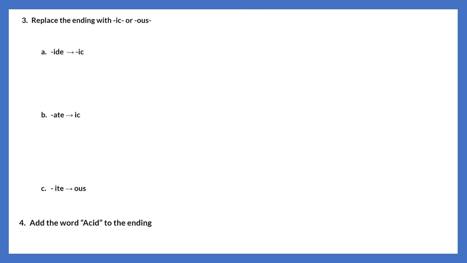So right now we have nitrate written for our polyatomic ion, and we're trying to name HNO3. Step 3 says to replace the ate ending, so we're going to replace the ate ending with either ic or us.